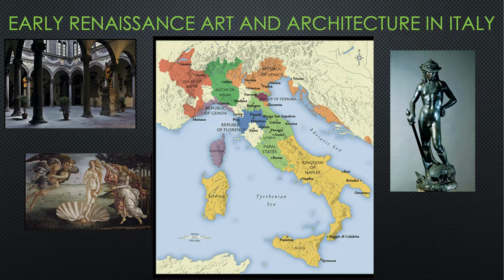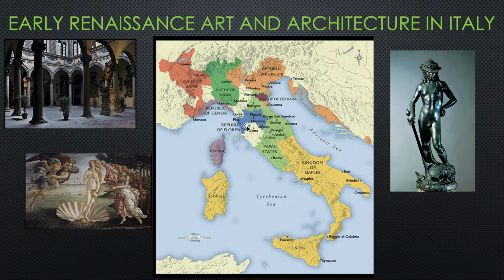So in Italy now, we're just going to be focusing on this one country, and you can see by the looks of this map that it's kind of like a patchwork quilt. And so Italy does not become a single unified country until very late in the 19th century. And we have papal states here with Rome.